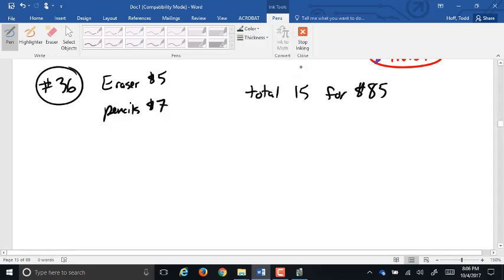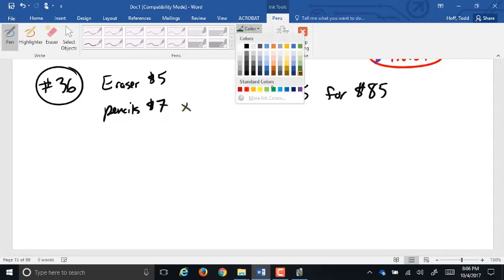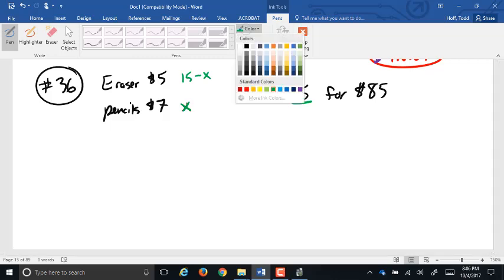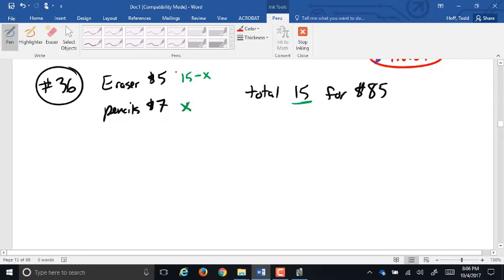So let's let the number of pencils sold be X. The number of erasers sold, since there's a total of 15, would be 15 minus X. The dollar amount from each would be their price times the number sold.